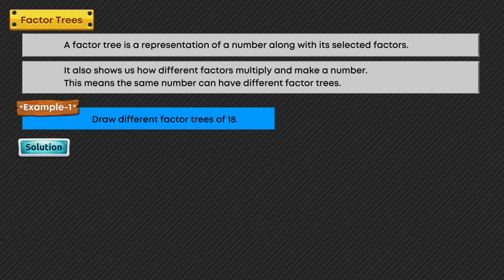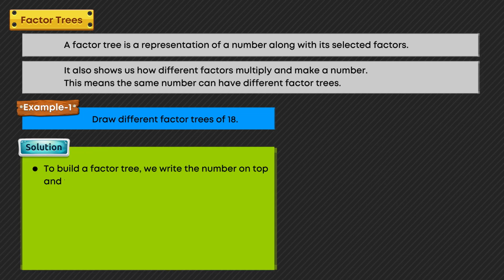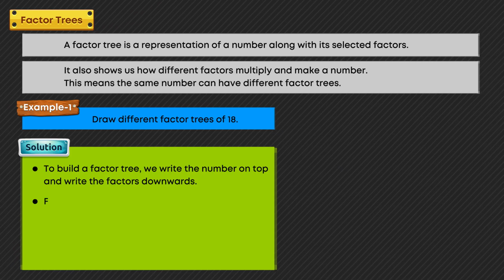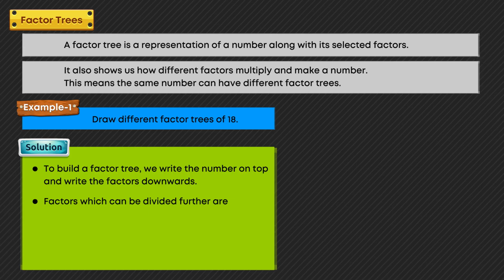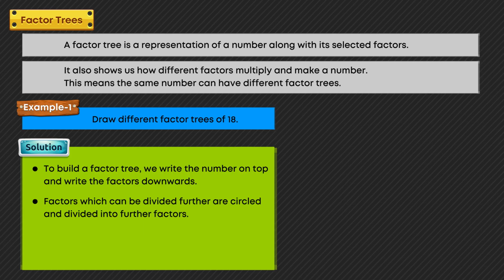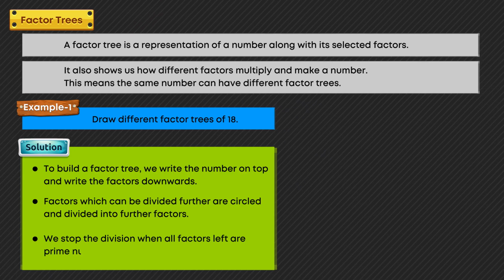Solution. To build a factor tree, we write the number on top and write the factors downwards. Factors which can be divided further are circled and divided into further factors. We stop the division when all factors left are prime numbers.